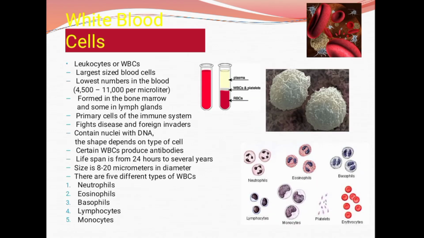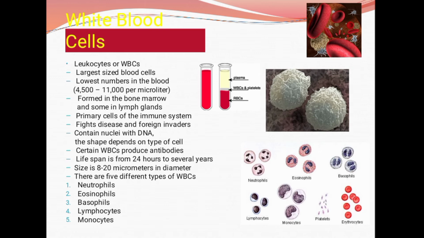Now, white blood cells, these are also known as leukocytes, and these are the largest sized blood cells, and in a microliter there are about 4500 to 11,000 leukocytes. So these are also formed in the bone marrow, although some white blood cells are also formed in the lymph glands.